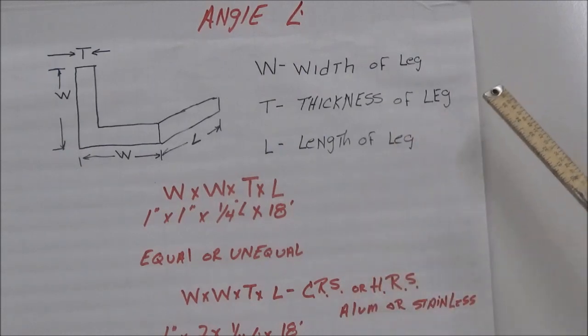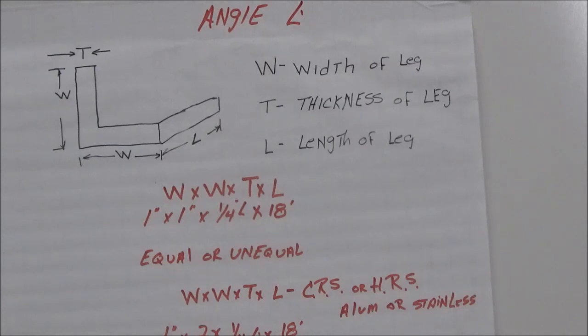So if I called the lady or the man at the steel supply house, I would tell them I want some 1 by 1 angle iron, 1 by 1 by 1/4 angle iron, and I want that in an 18 or 10 foot length.